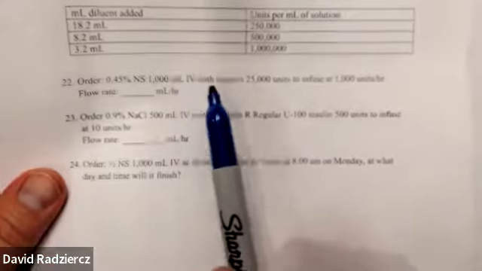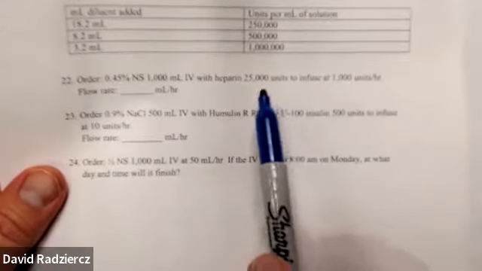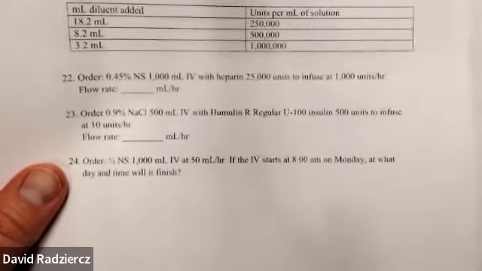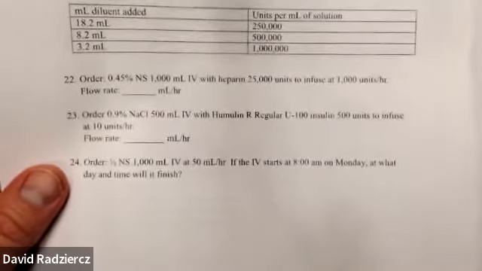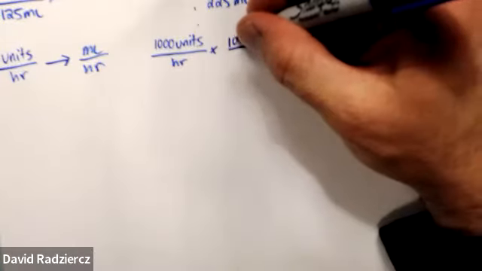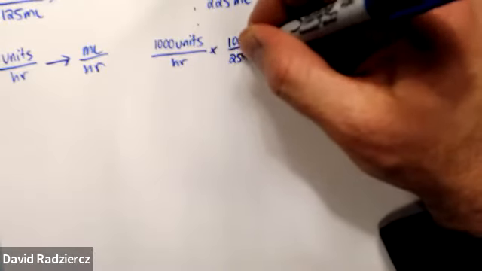Well, that's what the IV is for. You have 25,000 units of heparin inside that 1,000 milliliter IV bag. And so that's what we're going to use to convert units of heparin to milliliters of heparin. So 1,000 milliliters, 25,000 units.